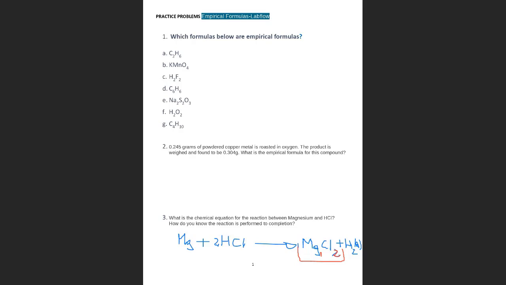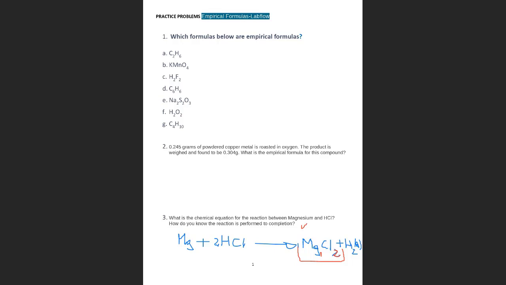Since you know the formula, you can check. When we do research and we are in front of an unknown compound, it's not that simple. But now you are going to verify that the subscripts correspond to the correct formula of the magnesium chloride.